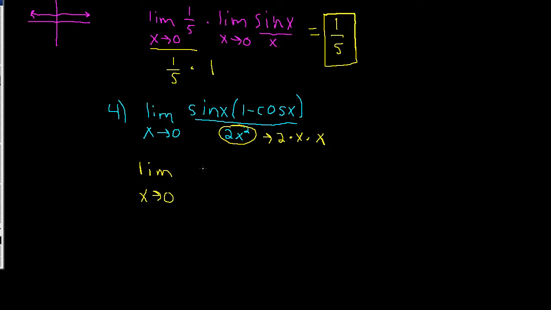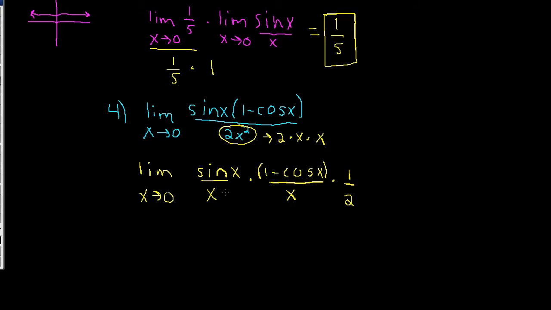And if I do that, then one of the x's I can put underneath the sine, times 1 minus cosine of x over another x, and then I have to deal with that too, and we could just call it 1/2. If you don't believe me that we can do this, just multiply these fractions together. If I multiply my numerators across, I simply get this, and if I multiply my denominators, I get 2x squared.